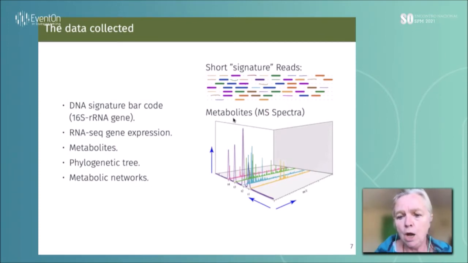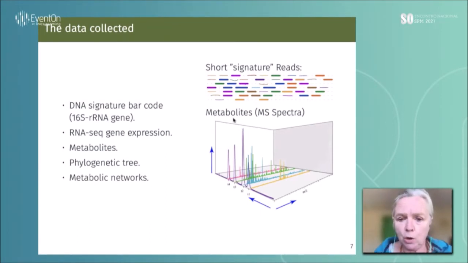So we know the abundance, or at least we have an idea of how many reads correspond to these different species or taxa. Another thing that we also measure through reads is genes and how they're expressed. And so we have what we call RNA-seq gene expression data.